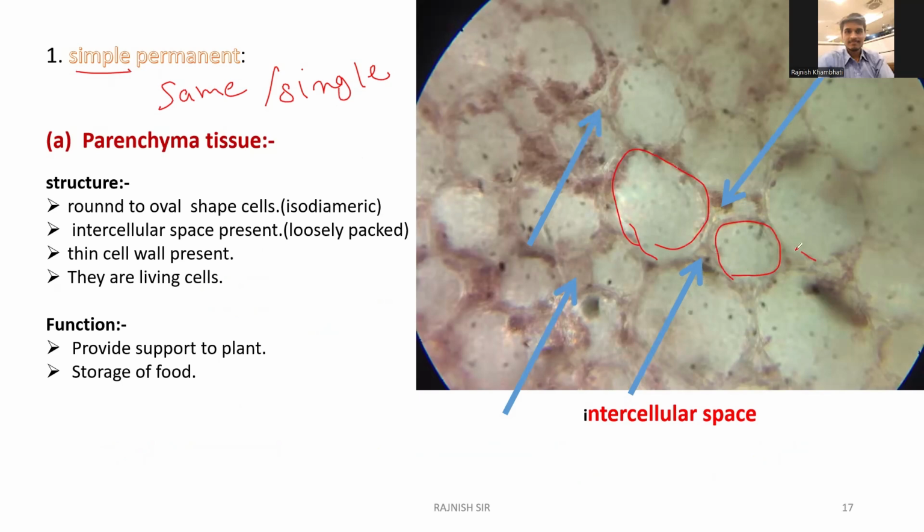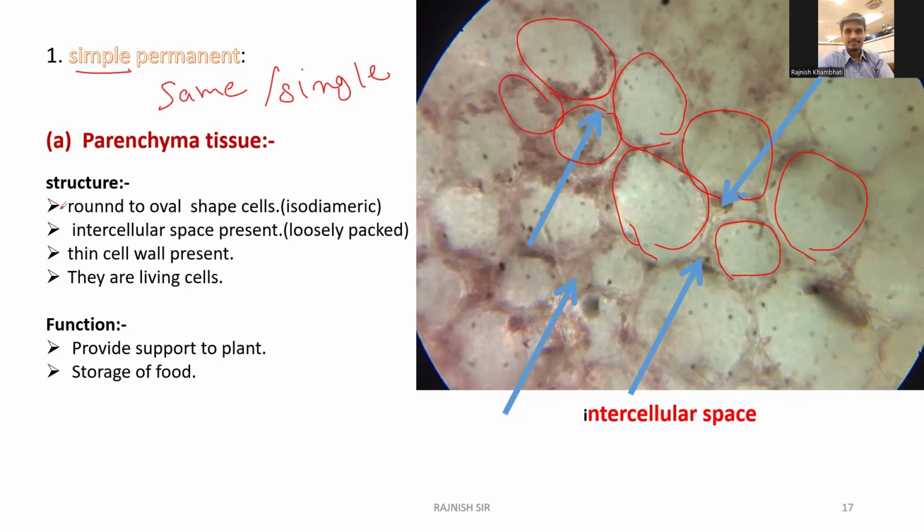You see, all the cells are the same type. See how easy it is to draw this tissue. They are round, circle, circle. So all the cells are of a single type, and that's why they are called simple.